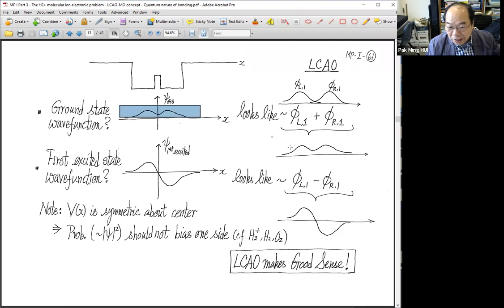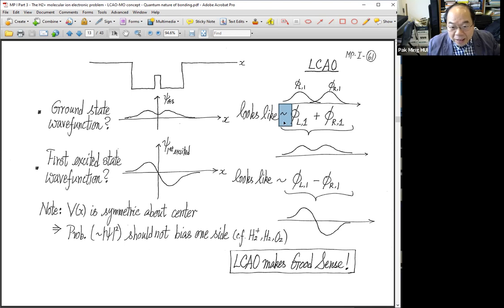So this is LCAO, do you see? And adding with the same coefficient in front reflects the symmetry about the midpoint. That is to say, this coefficient shouldn't bias one side. The absolute value should be the same.